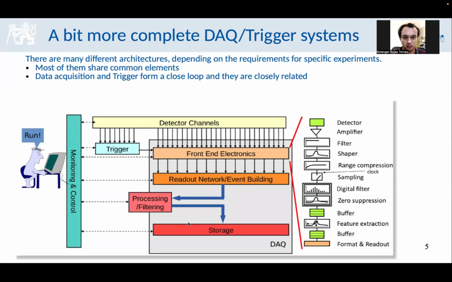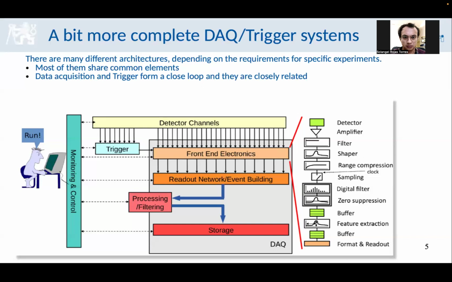And if you have a continuous readout, instead of event building, it's just like putting data into time slices. Not always, because the information can come at different times, and you can have different detectors participating in different time frames. We just call them time slices, or time frames.